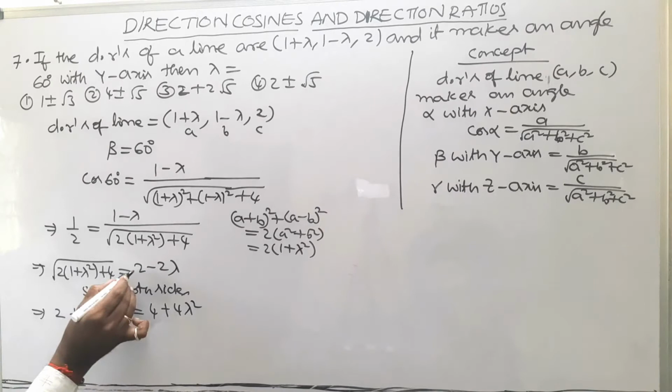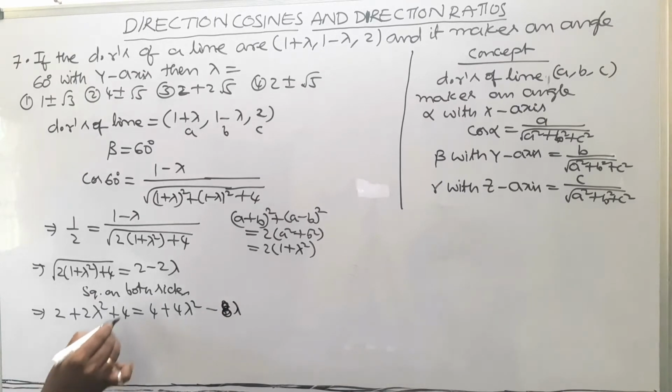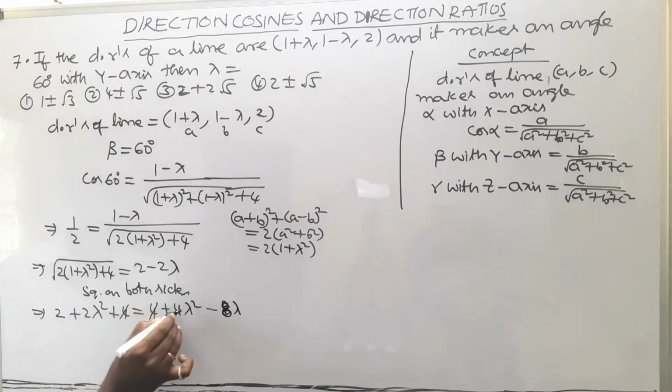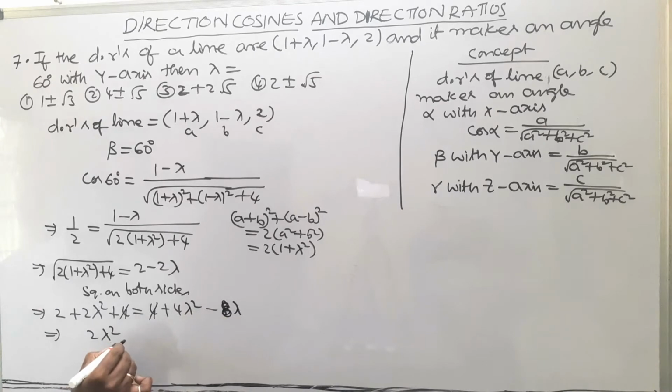The 4 gets cancelled, leaving 4 lambda square minus 2 lambda square, 2 lambda square minus 8 lambda.